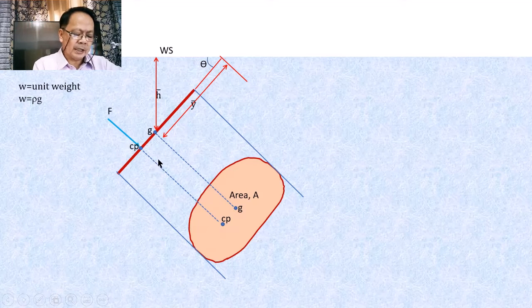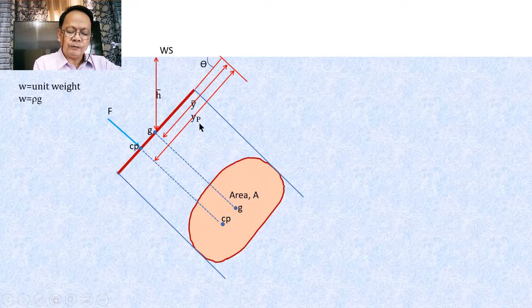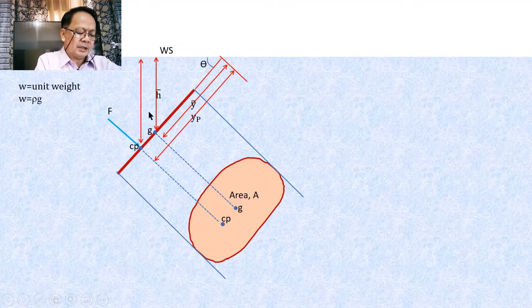At tatawagin natin yung kanyang center of pressure, mula sa liquid surface measured along the axis of the plate, ay tawagin natin siyang Y sub P. The subscript P will denote that this is measured from the center of the pressure of the hydrostatic force. So pwede rin siyang ma-measure vertically from the liquid surface, and that distance shall be called as H sub P.